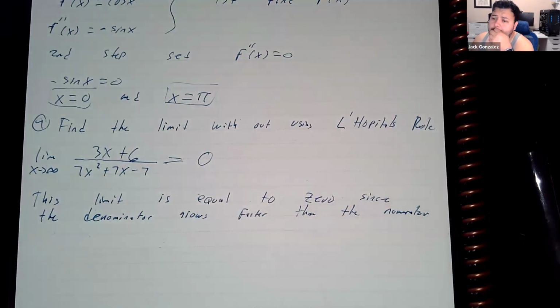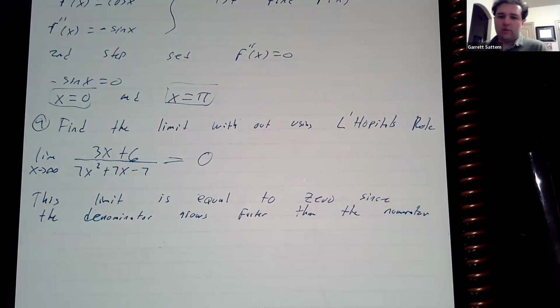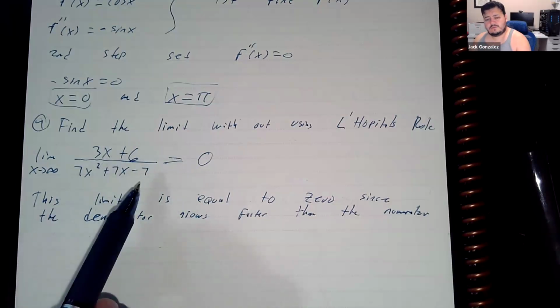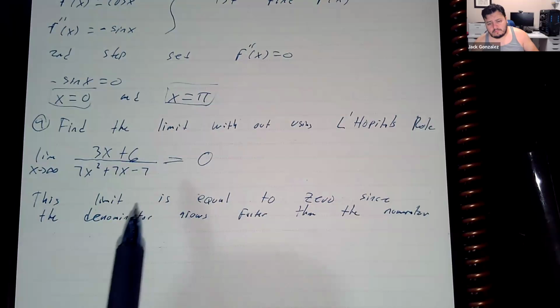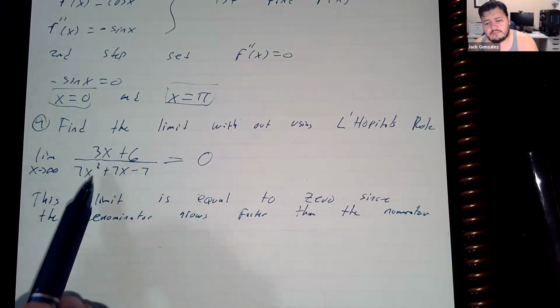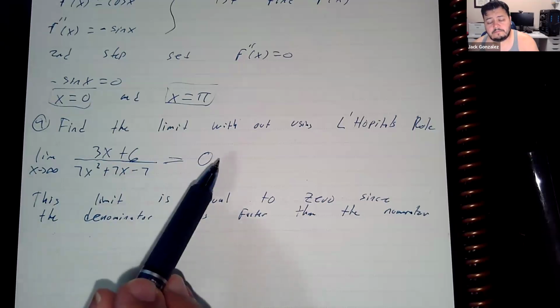That makes sense? So the denominator grows faster than the numerator. Yeah, just look at the degree. You remember those rules I sent you with the asymptotes? Basically, if the degree is bigger on bottom, the limit will be 0.